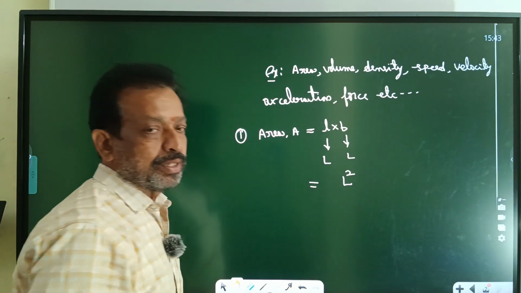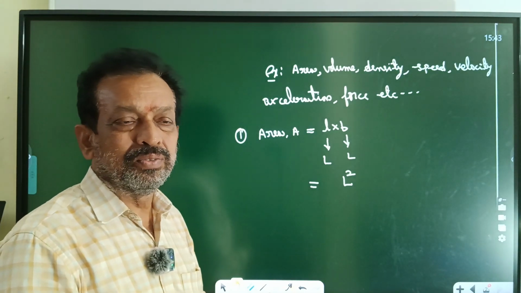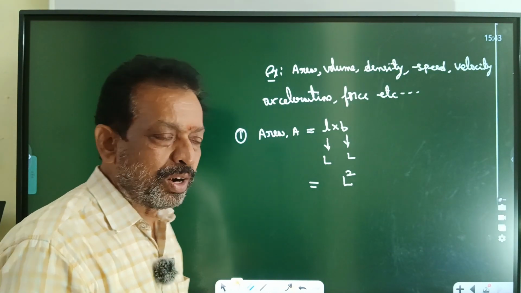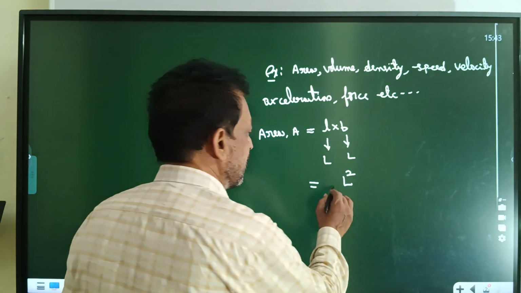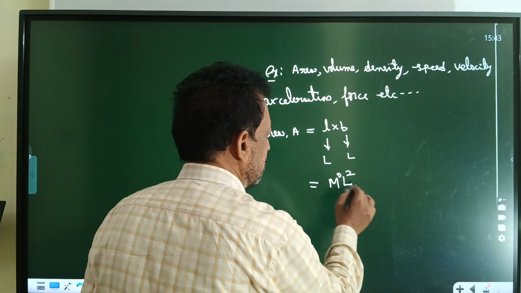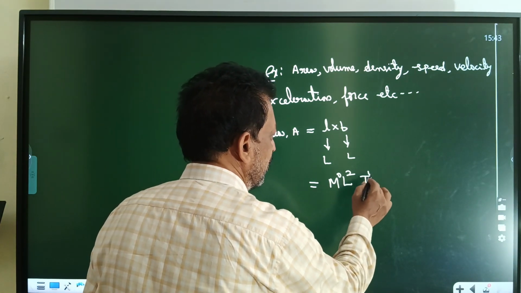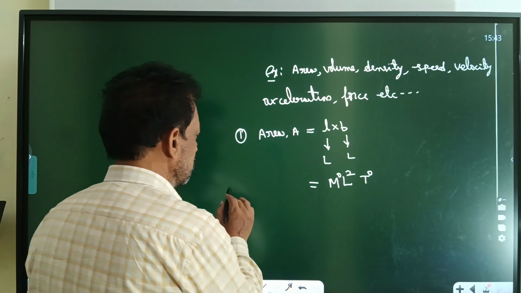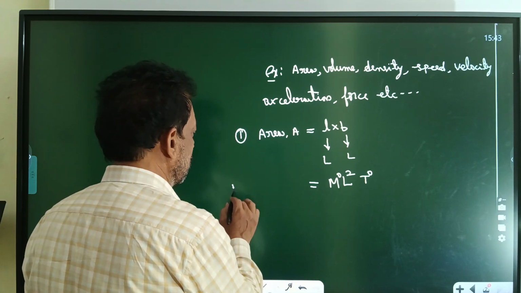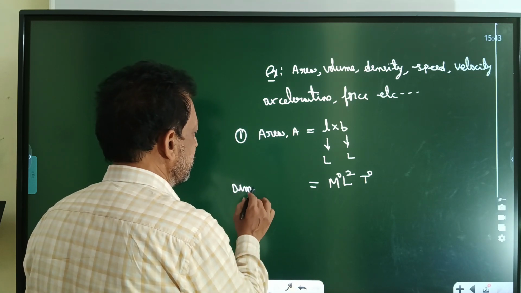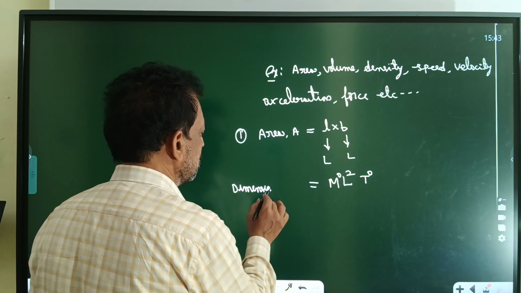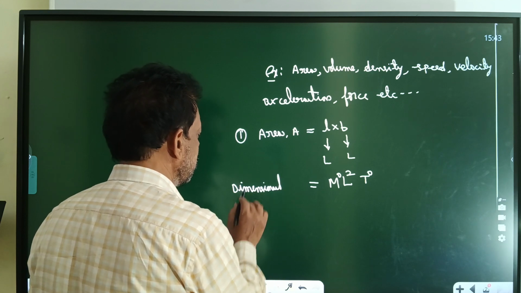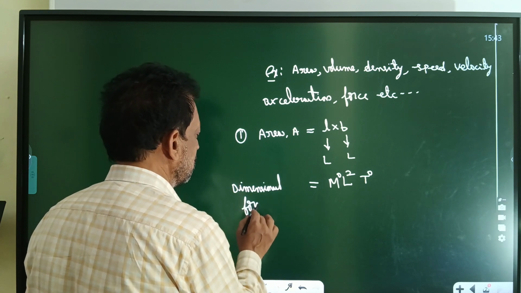What about the mass? Without mass, no length. To measure, time is also required. That mass is unit mass. You can write it as M to the power of 0, L square, T to the power of 0. Anything to the power of 0 is unity. So this is called dimensional formula.